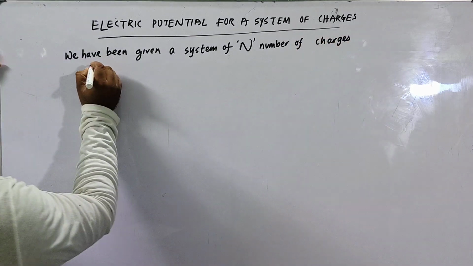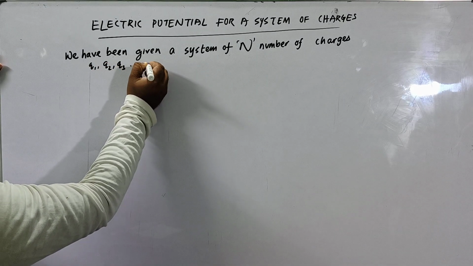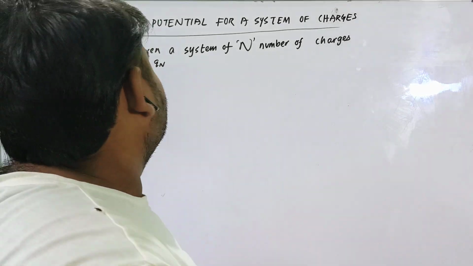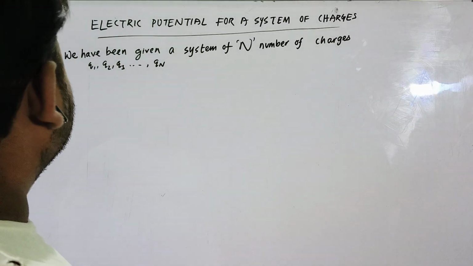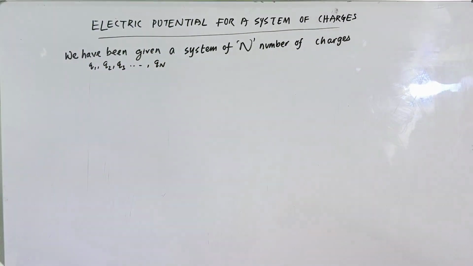What are the charges? They are Q1, Q2, Q3, and so on up to Qn. You can take them as capital Q, so need not worry about the notations.